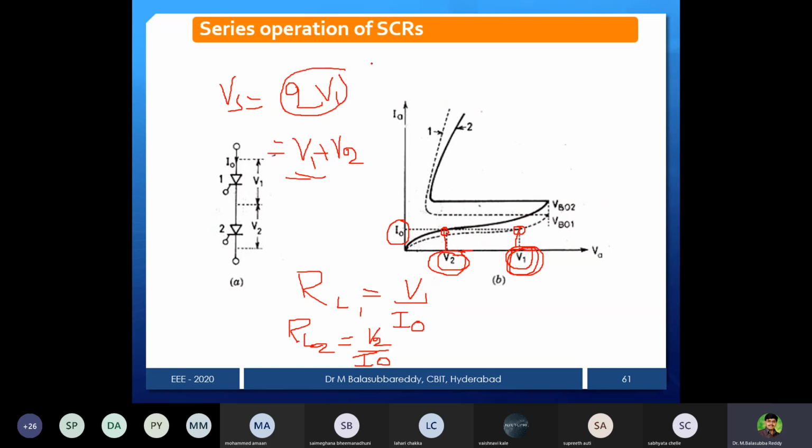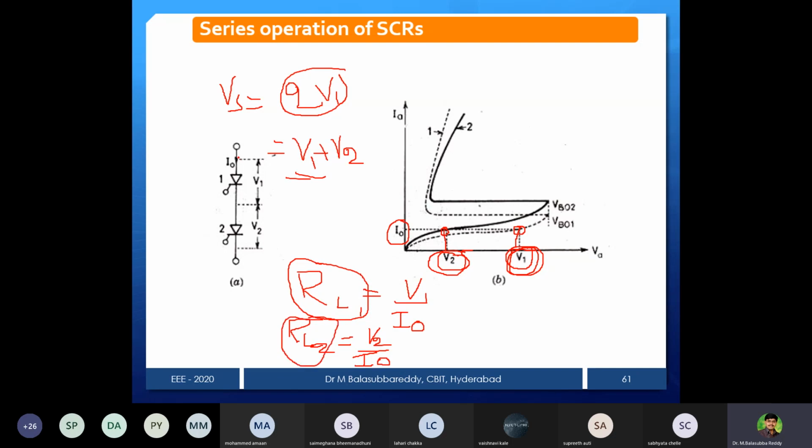Now, to overcome this problem, what I have to do is make the resistance across each device, each SCR, the same. Then what will happen? Automatically each SCR will share equally. Now how do we make the resistance across each equal? You already know the values of leakage resistance 1 and leakage resistance 2.